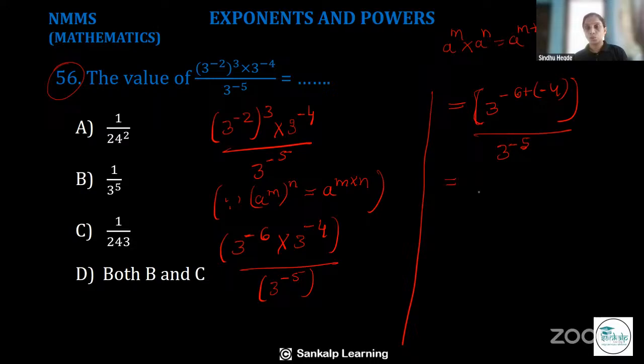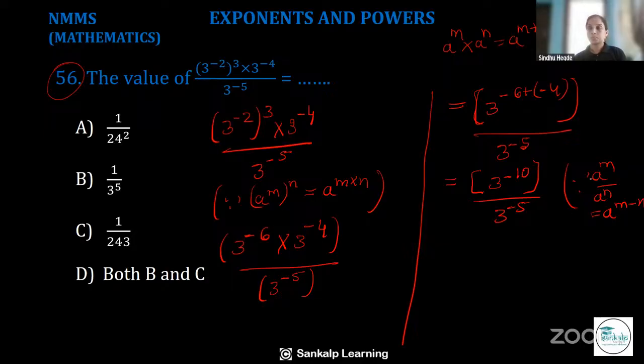We get in numerator 3 raised to minus 6 minus 4, so it becomes 3 raised to minus 10 divided by 3 raised to minus 5. Now it is in the form of A raised to M divided by A raised to N is equal to A raised to M minus N.